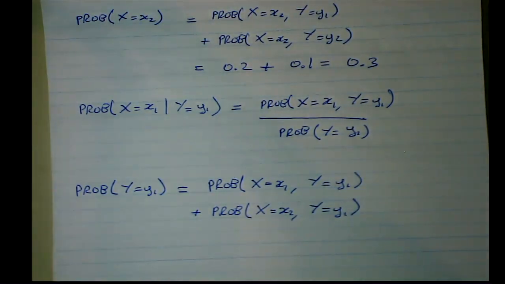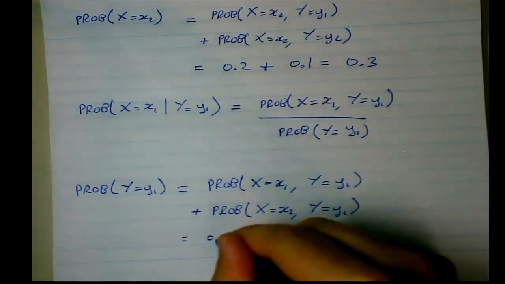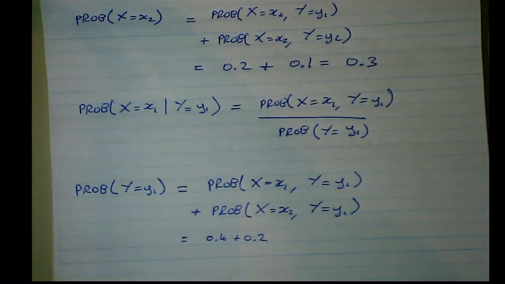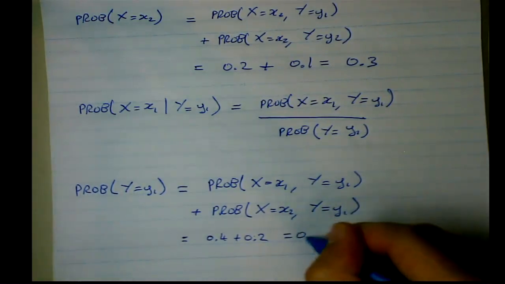So we fix y at y1 and sum the probabilities over all values that x can take. From our example, that is 0.4 plus 0.2, which is 0.6. So that's the denominator.